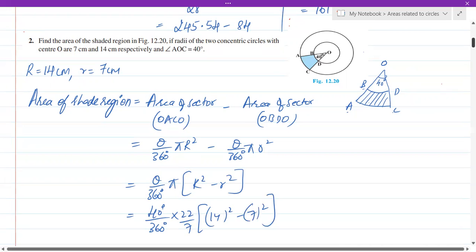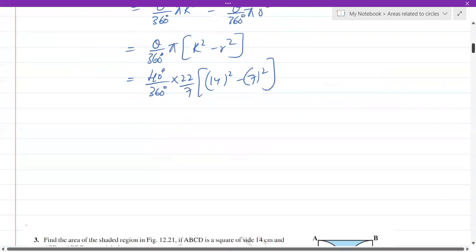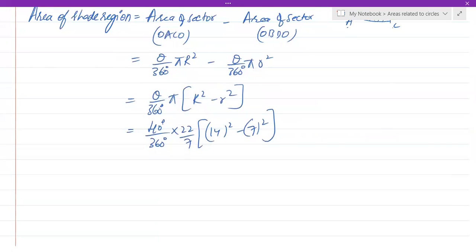Okay, so let me solve it here. So 40, 0 gets cancelled, 4 ones are 4, 4 nines are 36, so it will become 1 by 9 into 22 by 7. Here inside the bracket you can use a plus b into a minus b, so it will become 14 plus 7 into 14 minus 7, a plus b into a minus b.